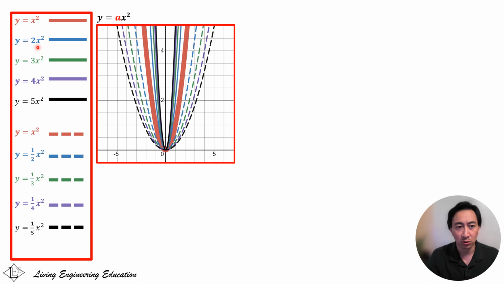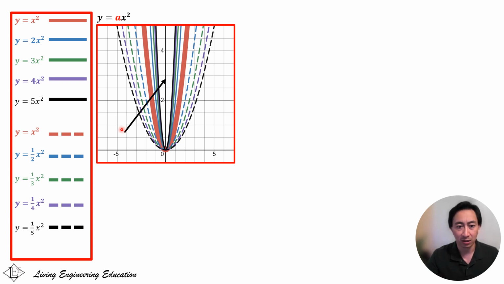And then we have 2x squared, 3x squared, 4x squared, 5x squared, getting tighter and tighter. This makes sense because at any x location, the larger your a value is, the larger your y value will be. Then I went the opposite direction: again, smaller and smaller, 1/2, a third, a quarter, and then a fifth. So we see the shape of the curve is dictated by this a constant.